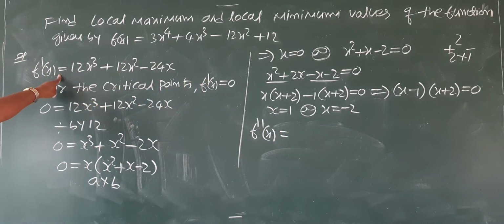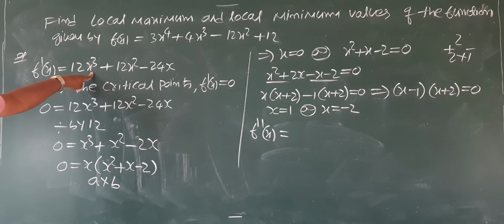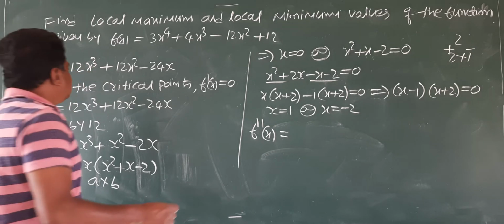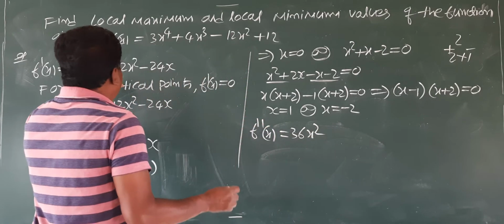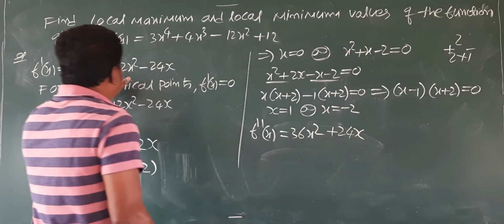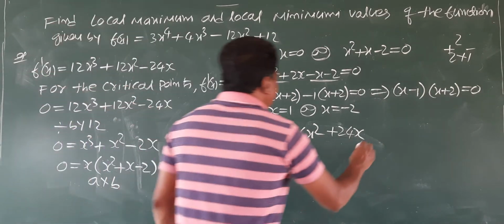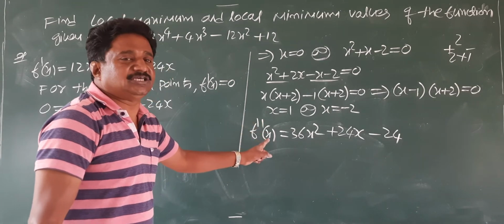Constant into function. Keep the 12 as it is. Differentiation of x cube is 3x square. 12 into 3 is 36x square. 12 into 2 is 24x minus 24. I got f double dash x, students.